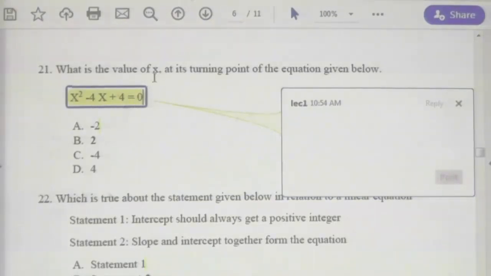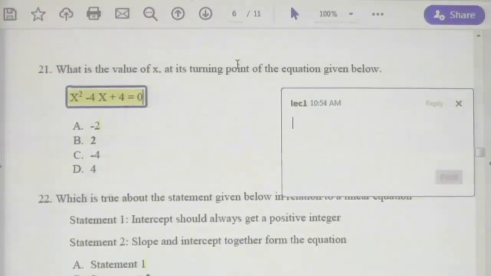What is the question? The value of x at the turning point of the equation. Turning point means the slope becomes 0. At the turning point, the slope of the equation becomes 0. That is the theory I have explained in my revision program.